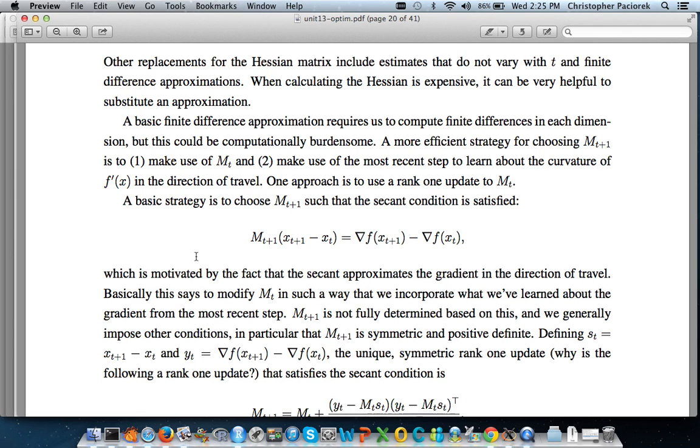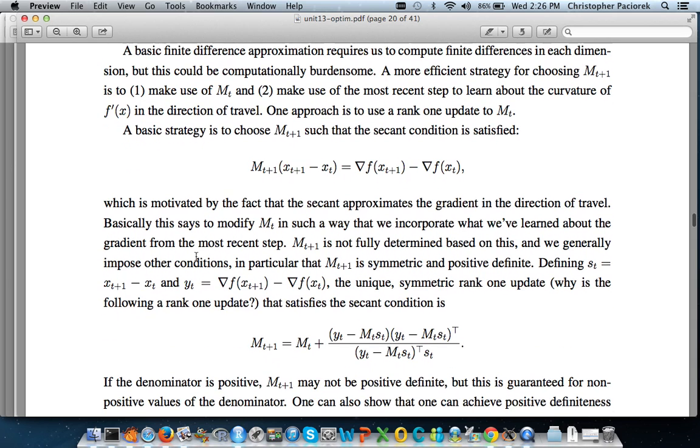I have mt plus 1 is equal to the gradient of f at xt plus 1 minus the gradient of f at xt divided by xt plus 1 minus xt. Well, what's this? This is basically a numerical first difference estimate of the gradient of the gradient. So that is basically an estimate in one direction of what the second derivatives are.